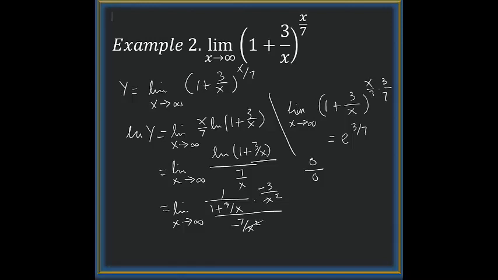Now you cancel x squared, you cancel the negative sign, and then when x approaches infinity, this term goes to 1. So remaining is just 3 over 7. So since natural log of y is 3 over 7, you have very good knowledge from pre-calculus or college algebra that when you find y, then this simply will be e to the 3 over 7, and you can see the exact matching we have. And we are done. Thank you.